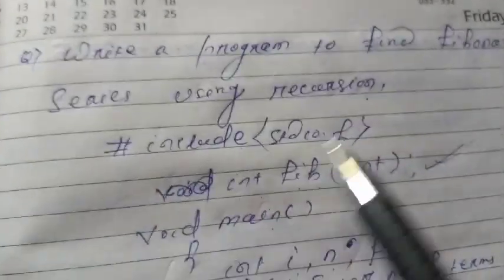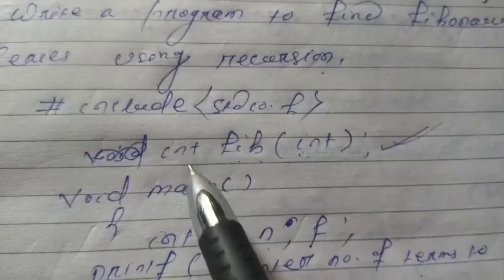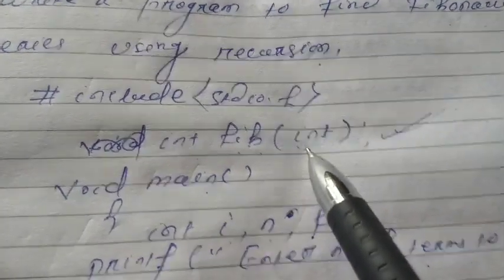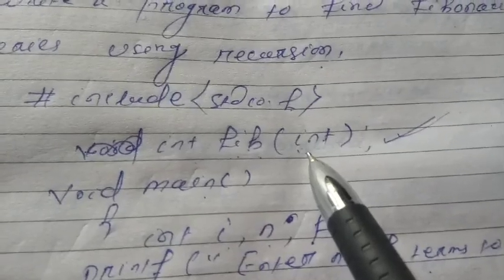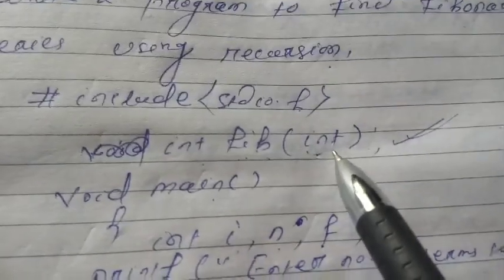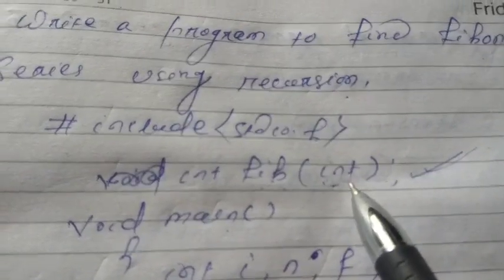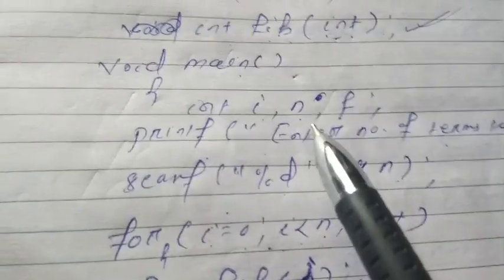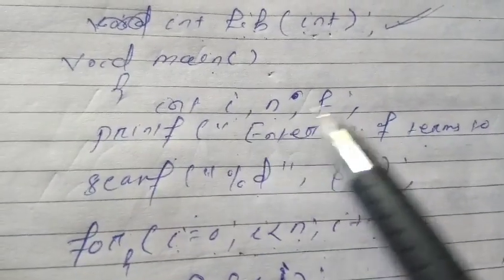We include stdio.h, then we write the function prototype here. The function name is fib, and we pass only the type, no variable, since in a function prototype only the type of the variable is declared. Then inside the main function we take 3 variables i, n and f.